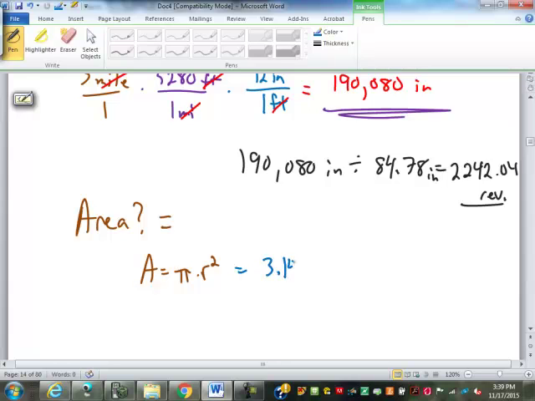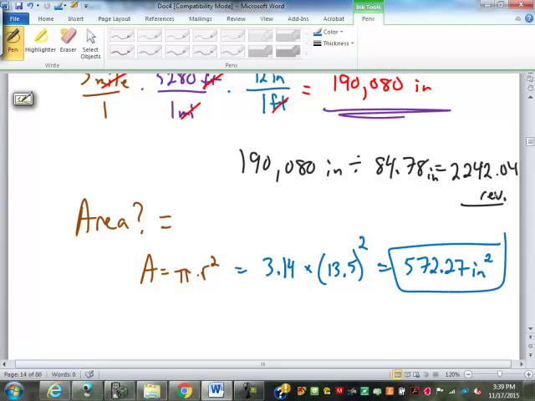So 3.14 times 13.5 squared. Half the diameter to get the radius. So 13.5 squared is 182.25 times 3.14. 572.27. And that was in inches, so that is now inches squared because it's an area. Look familiar?